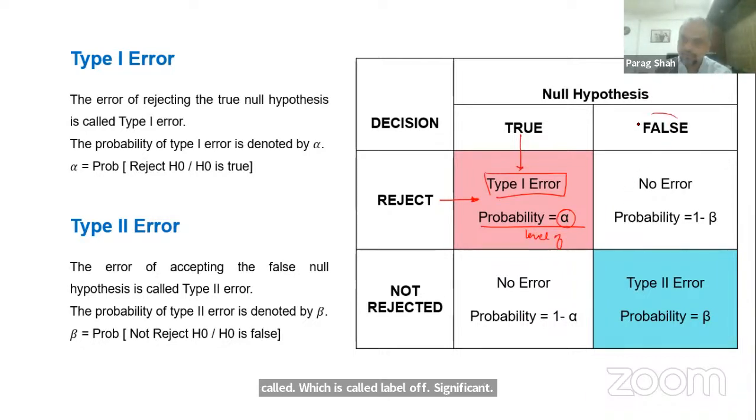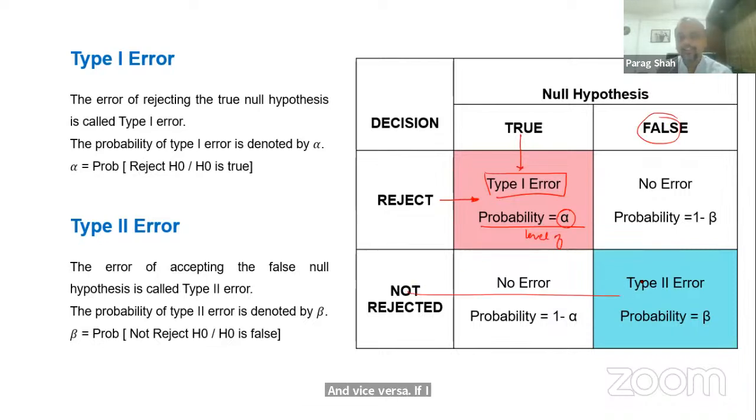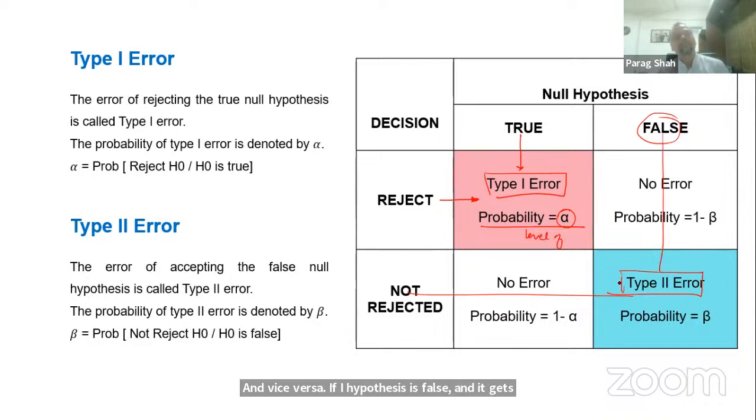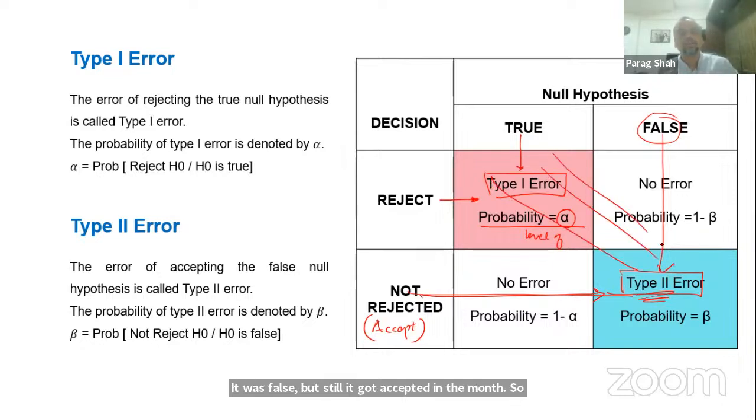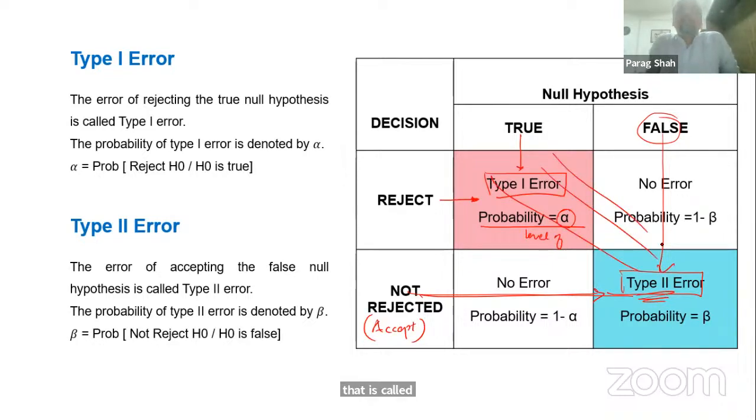If the hypothesis is false and it gets accepted, then it is called type 2 error. It was false, so actually it should be rejected. But not rejected means, as a layman, you can say it is accepted. So it was false, but still it got accepted in the market. So that is called type 2 error. So these are the errors that come across in hypothesis testing, alpha and beta.